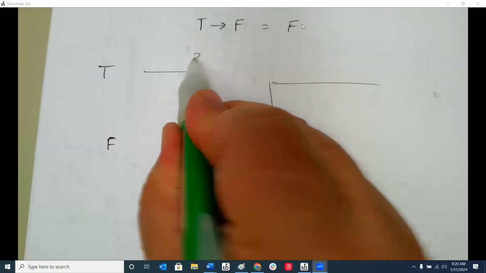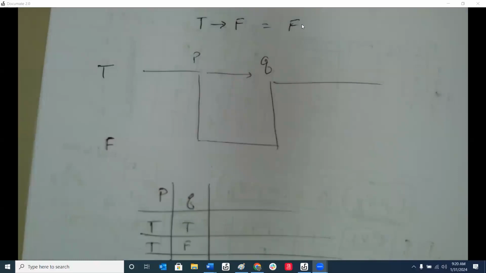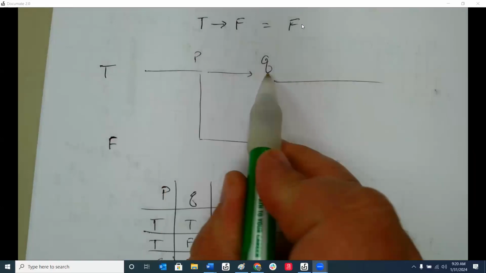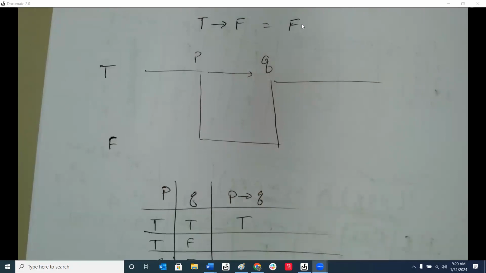If you're going from P to Q, and if you're staying on the same level, is that good or bad? Are you losing money? The only way in business it is bad is if you're losing money. Are you losing money if you're going the same level? No, so that's good.